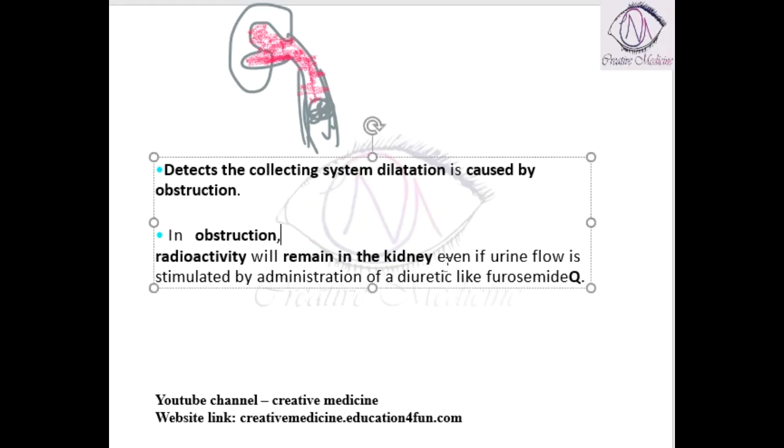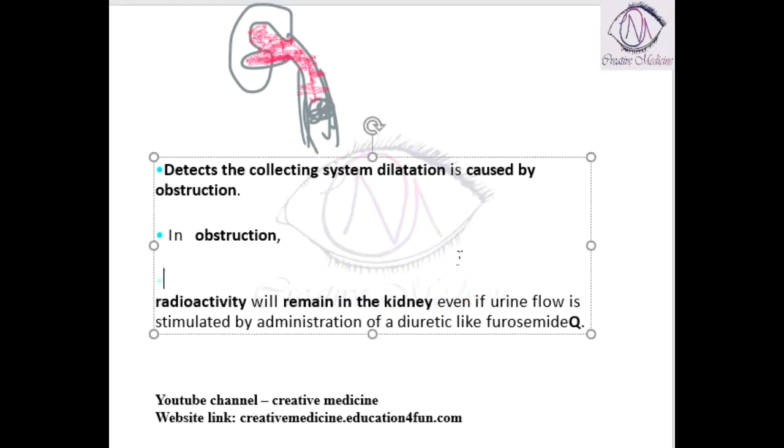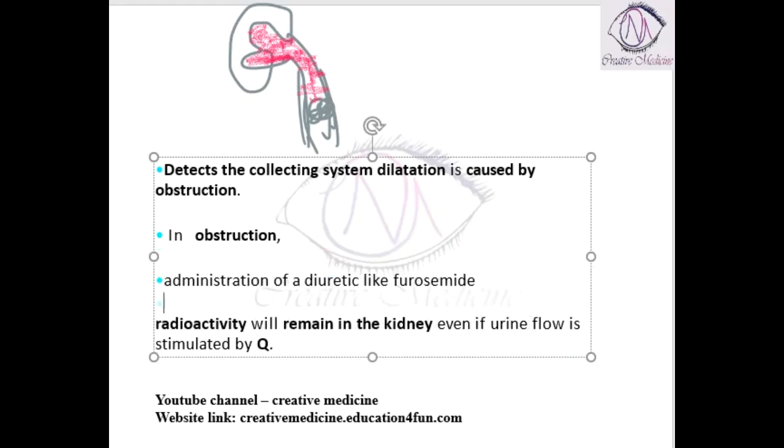So in order to confirm that, if you see that there is some obstruction and the radioactivity is remaining here, then you give diuretics like furosemide. Furosemide causes diuresis.